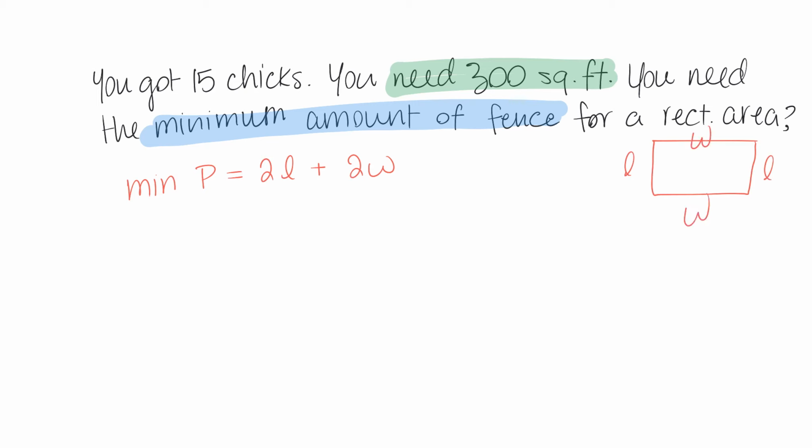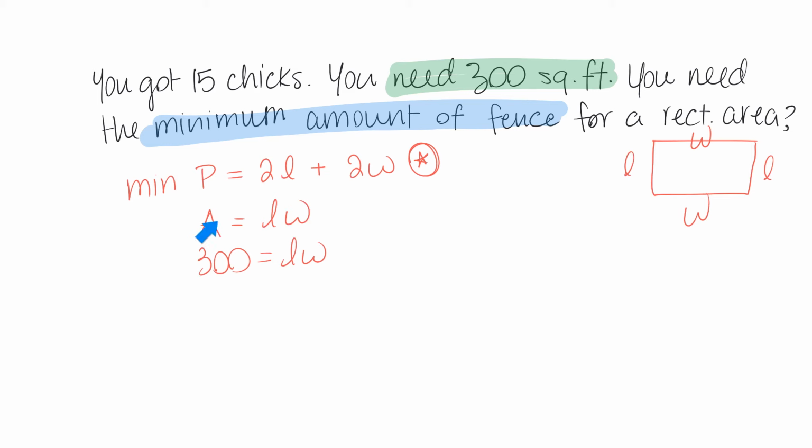Okay, area, what do we know? We know area. I'm going to put a star here because this is what we're trying to minimize. Area of this rectangle is L times W, and we know that that's 300. So 300 equals L times W. So we're following the same process this time. It's just we're trying to minimize perimeter.